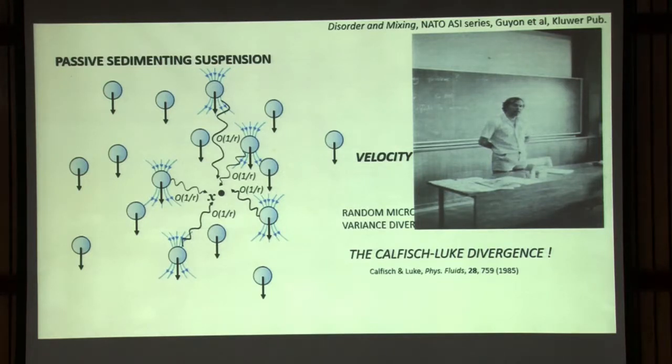So when Caflisch and Luke first proposed this, there's always the question of whether it was a question of renormalization and interpreting it correctly. And it was Hinch who showed that there are these Poissonian fluctuations in number density that can't be renormalized away, and the velocity variance will diverge linearly, okay?